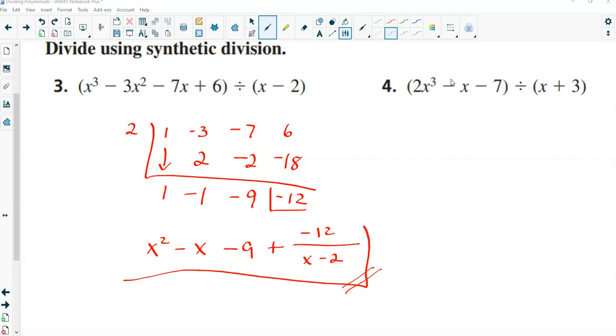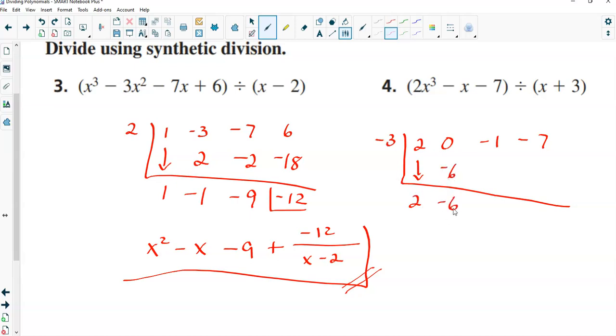Notice in the next one, I'm missing the quadratic term, the linear term is there, and then the 0 power. So I have 2, 0, negative 1, negative 7. Then the opposite of that is negative 3. Bring this down. Negative 3 times 2 is negative 6. Negative 6 and 0, negative 6.